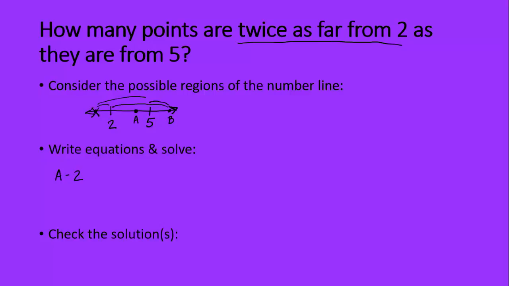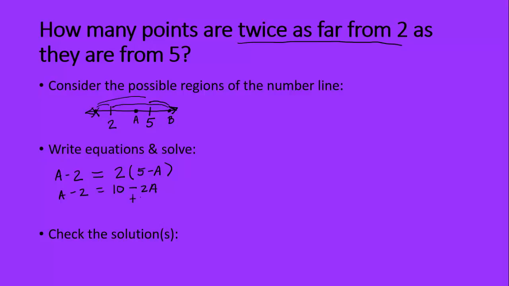That distance is, remember, is and equals go together, is 2 times the distance from 5 to A. 5 is bigger, so I'm going to write 5 minus A to get a positive result. Okay, now we solve for A. If we simplify the right side, we get 10 minus 2A.